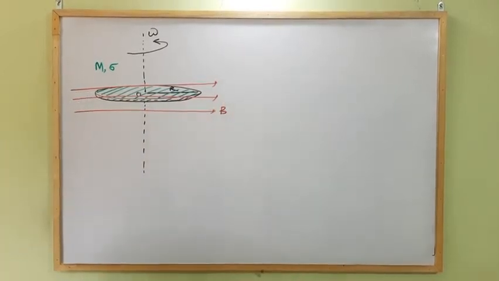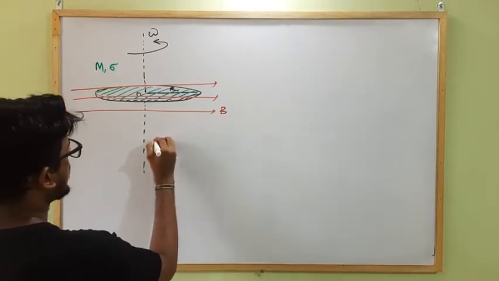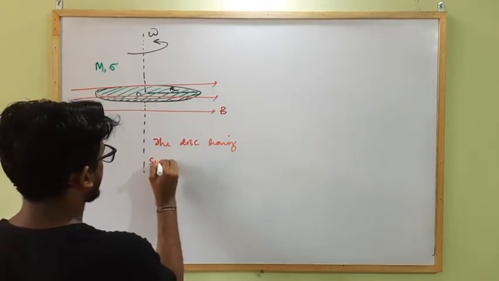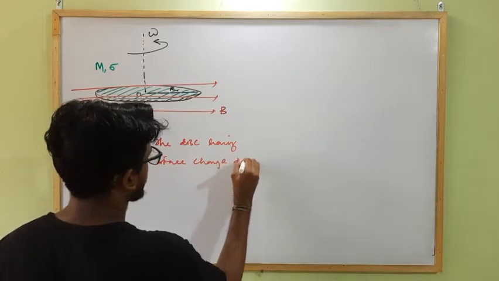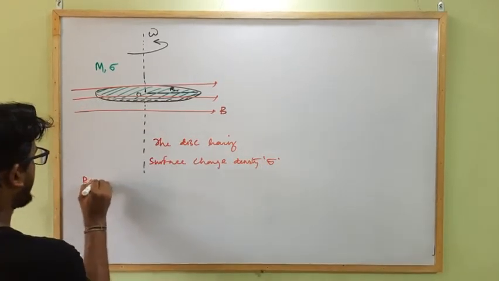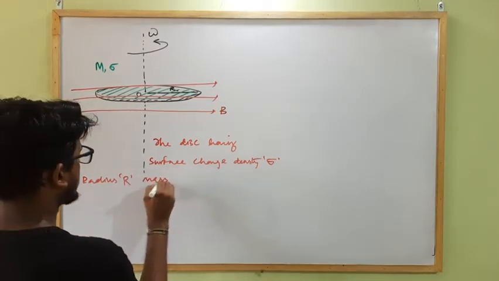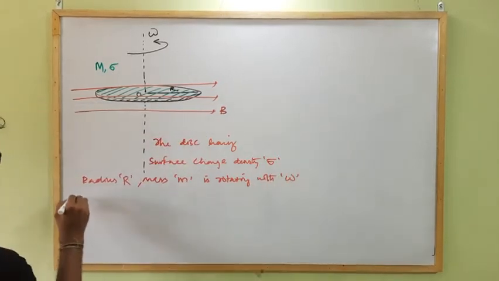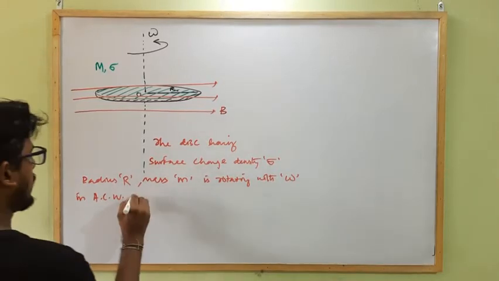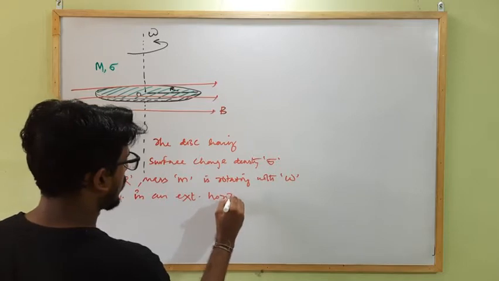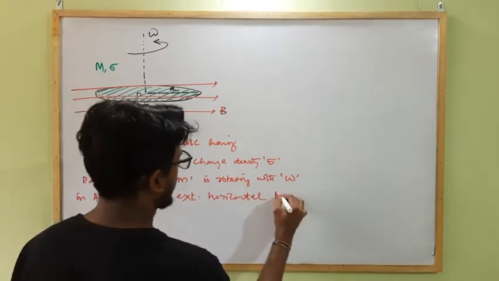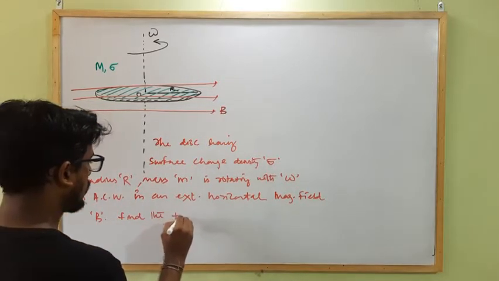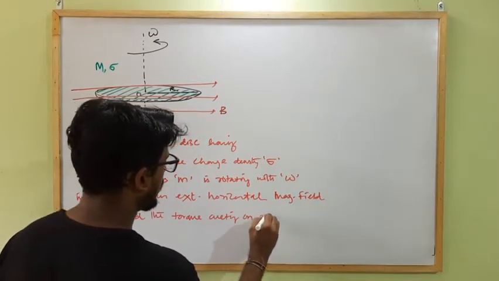Of strength B. So the question is: the disc having surface charge density sigma, radius r, and mass m is rotating with omega in anticlockwise sense in an external horizontal magnetic field B. Find the torque acting on it.